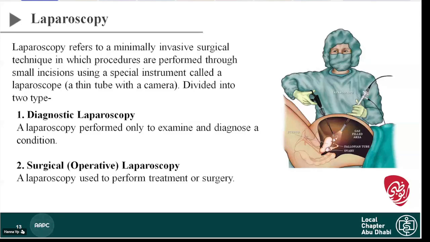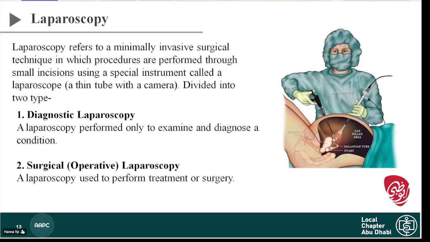Okay, so as usual, we discussed that endoscopy is divided into two types, diagnostic and surgical. Same like that, guys, here also you can see diagnostic laparoscopy and surgical laparoscopy. What is the difference? Same as what we discussed in endoscopy before.